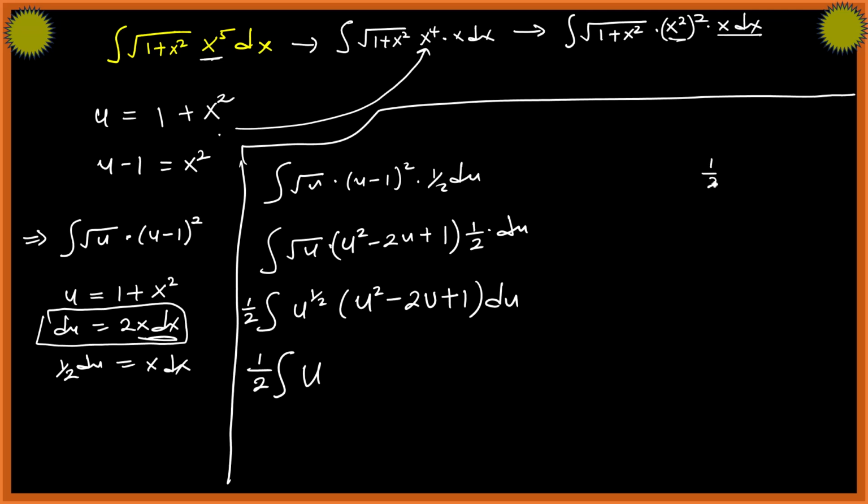So 1 over 2 plus 2 is 5 on 2. Minus, u raised to half times this; remember the power here is 1, so half plus 1 will be 3 on 2.